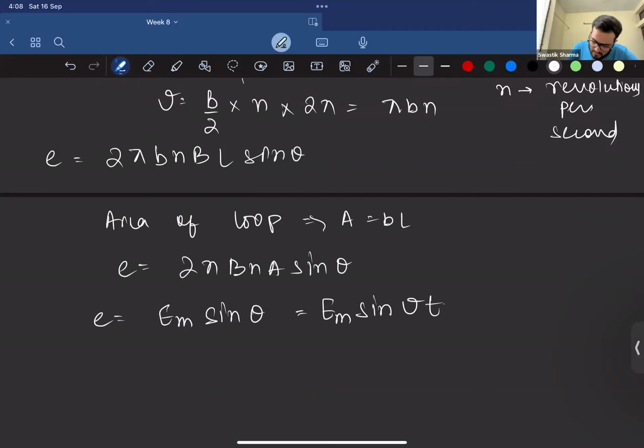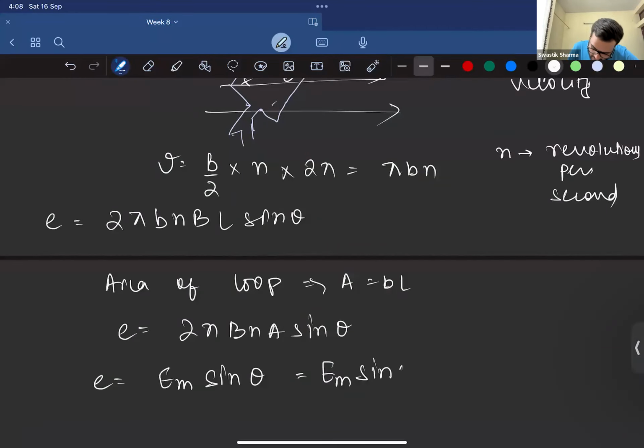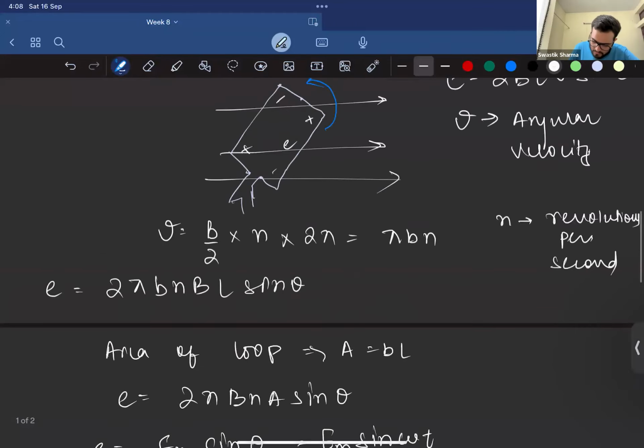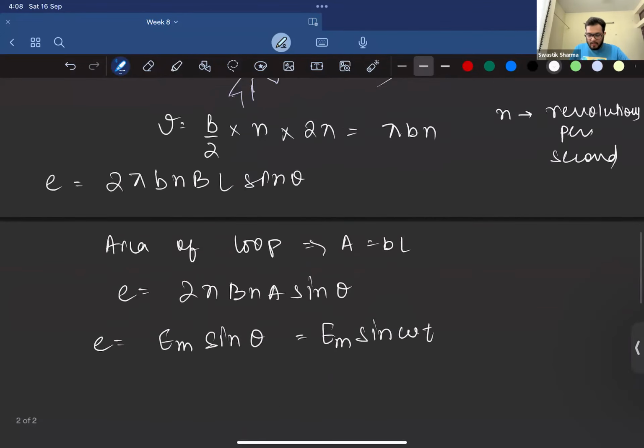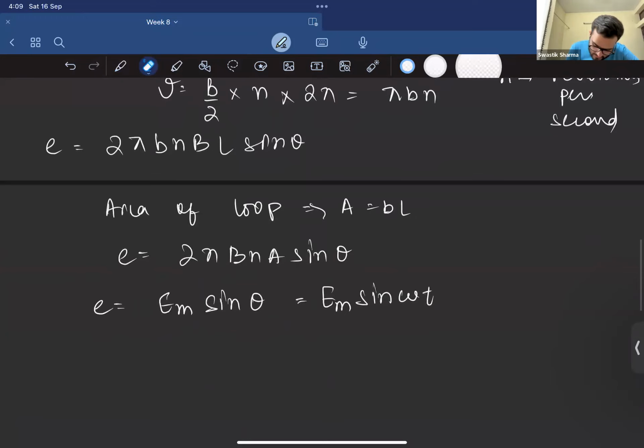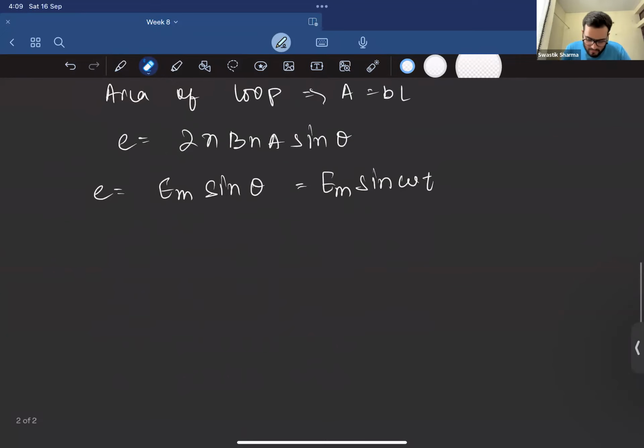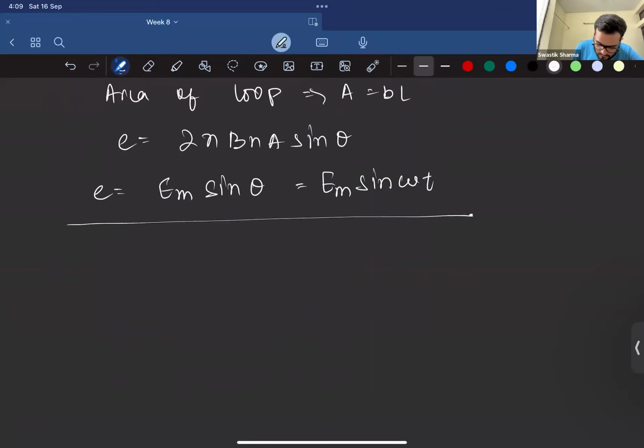We usually represent angular velocity as omega. That's what we should have started with, so let's write V as omega, a more concise way of writing it. So that's how a single phase AC voltage is produced, and the corresponding value is EM sine omega t.